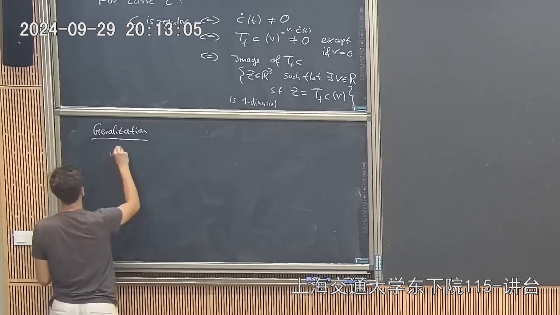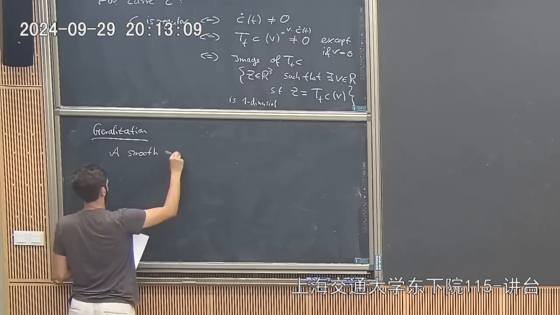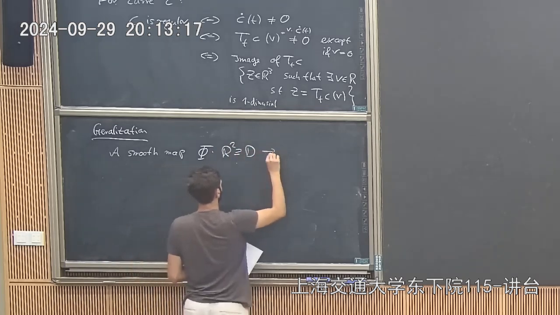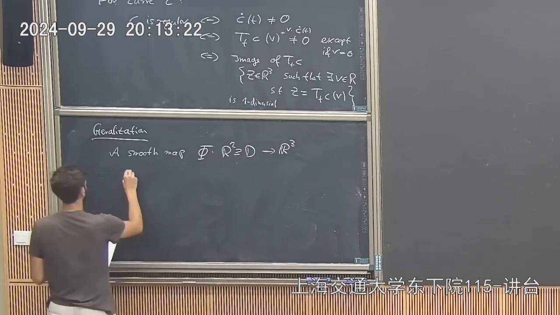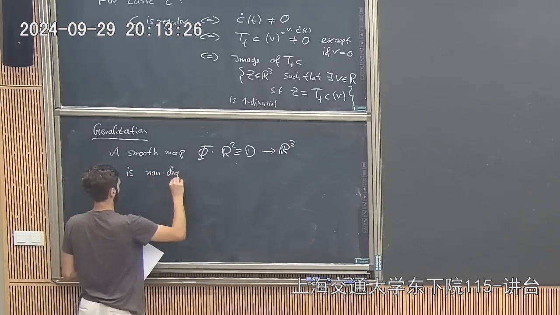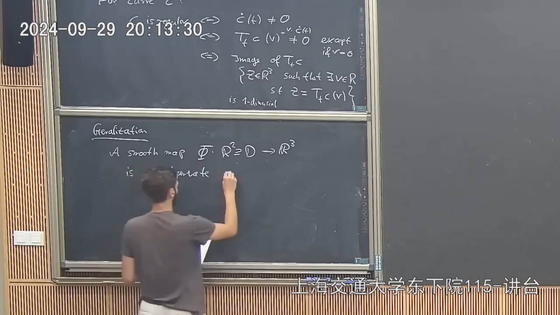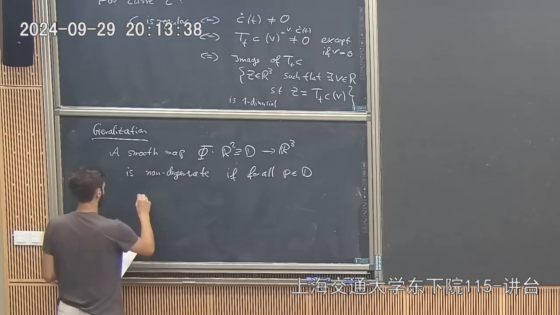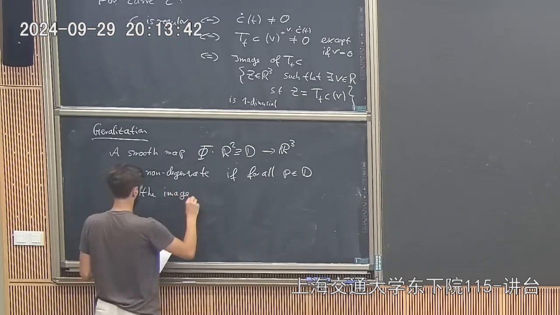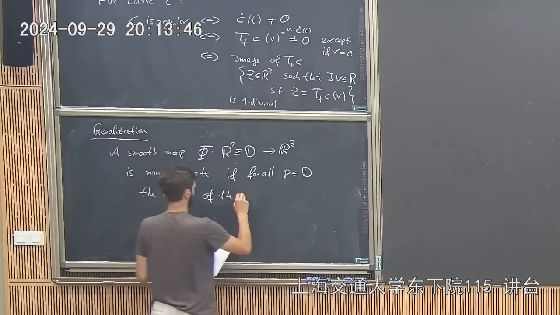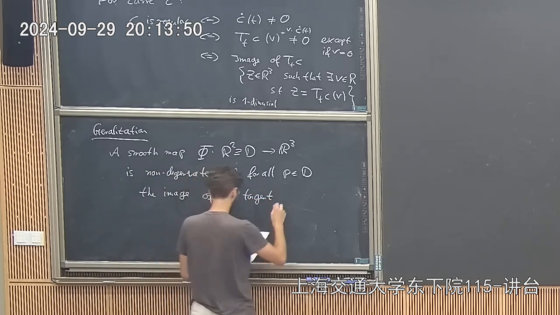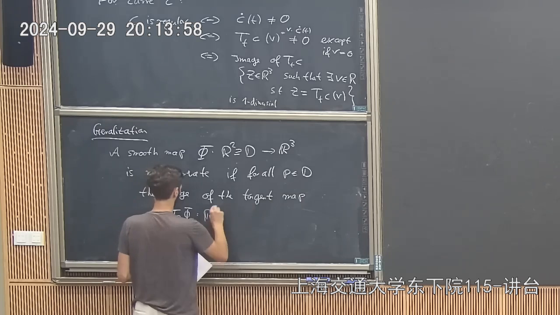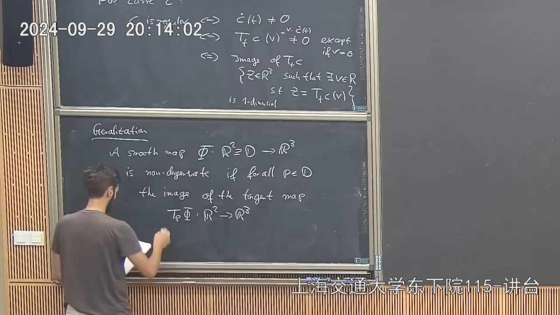So we generalize it and say a smooth map phi, defined on some open subset taking values in R3, is non-degenerate if for all points that are contained in D, the image of the tangent map, which is now a map from R2 into R3, is two-dimensional.